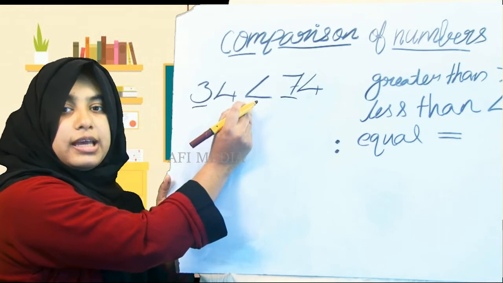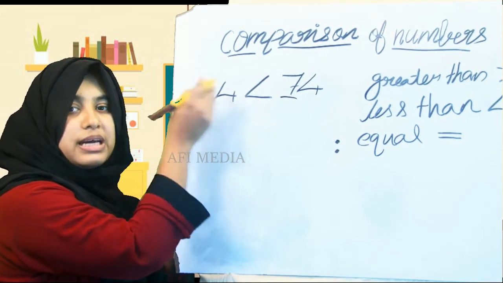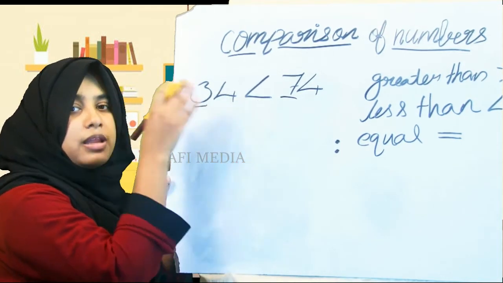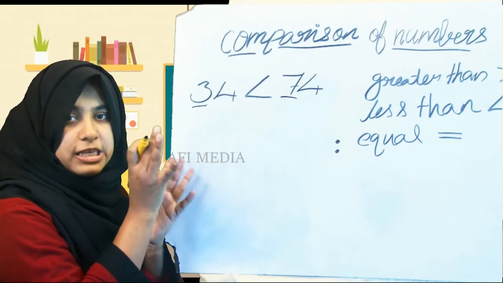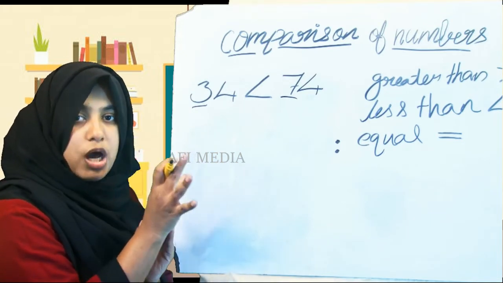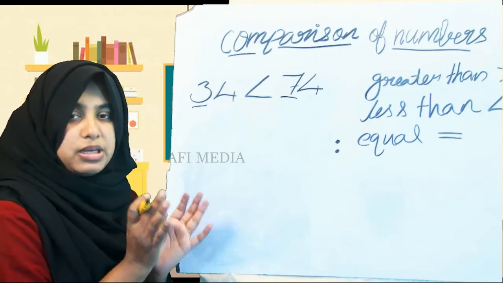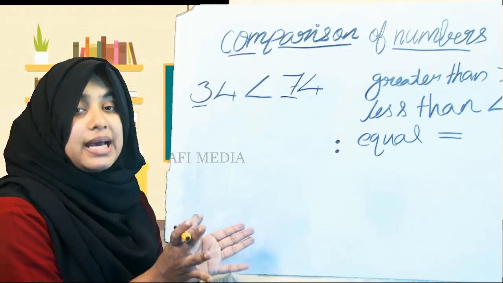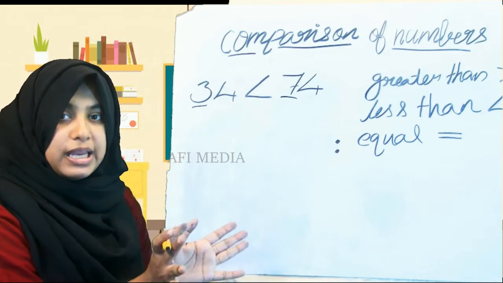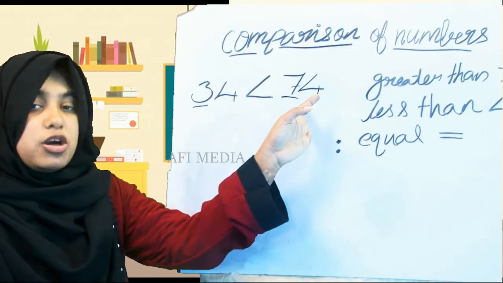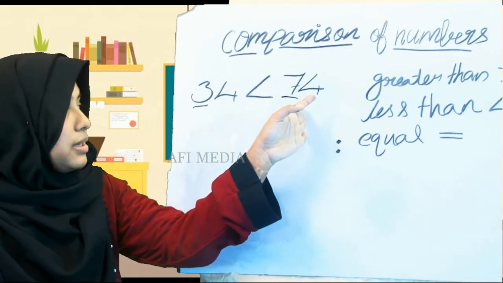In the comparison of numbers, always one crocodile is there. The crocodile always opens his mouth toward the bigger number. He wants to eat the bigger number. Here which is the bigger number? 74.